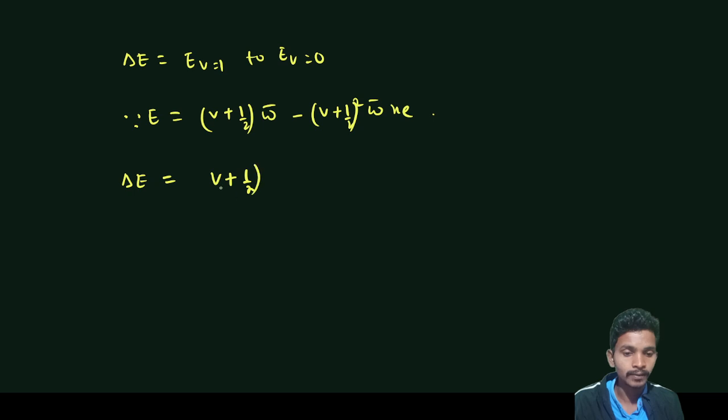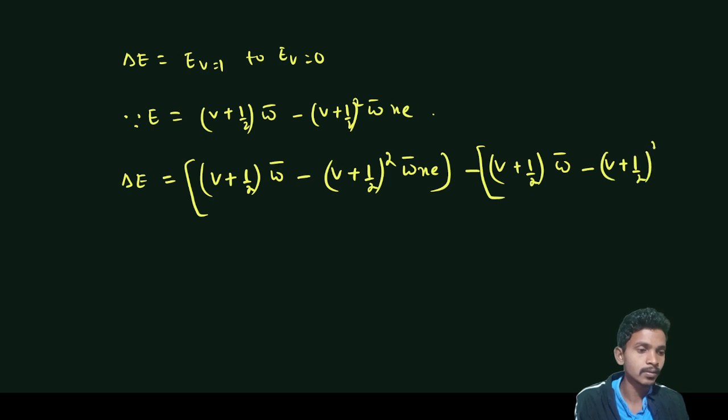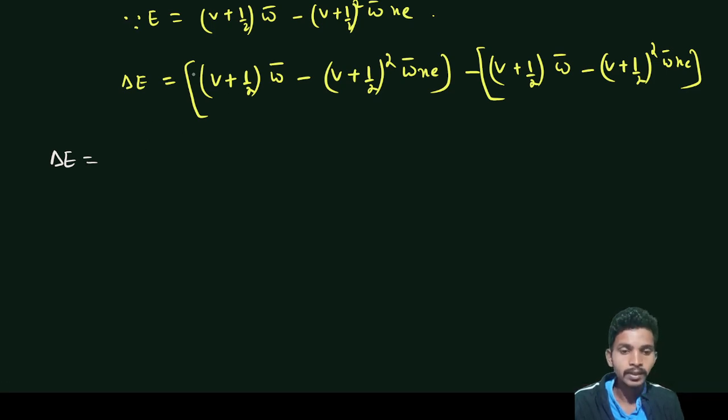So if I talk about delta E, that becomes (v plus half) omega minus (v plus half) square omega xe, and here again I will subtract the other level. So now, for delta E, I will first put v equal to 1 and then v equal to 0.